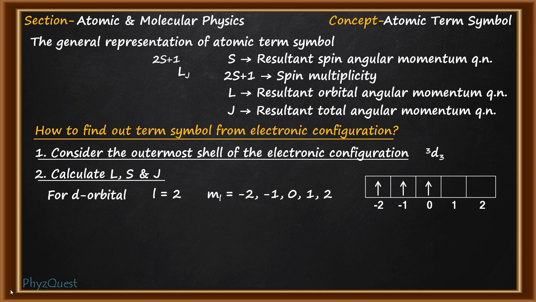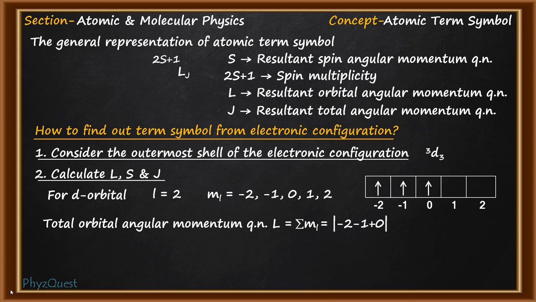If you calculate the total orbital angular momentum quantum number, capital L is equal to the modulus of the summation of ml, which is |-2 -1 + 0| = 3. So capital L equal to 3 signifies the F state.